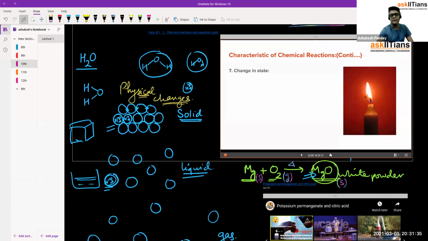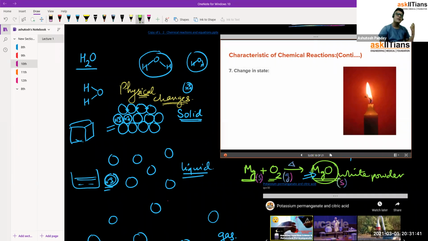Like here melting is happening. So is burning of a candle a physical change or a chemical change? It is both actually. When we light a candle, due to heat, what happens? There is wax present, and this wax is going to have a combustion reaction.